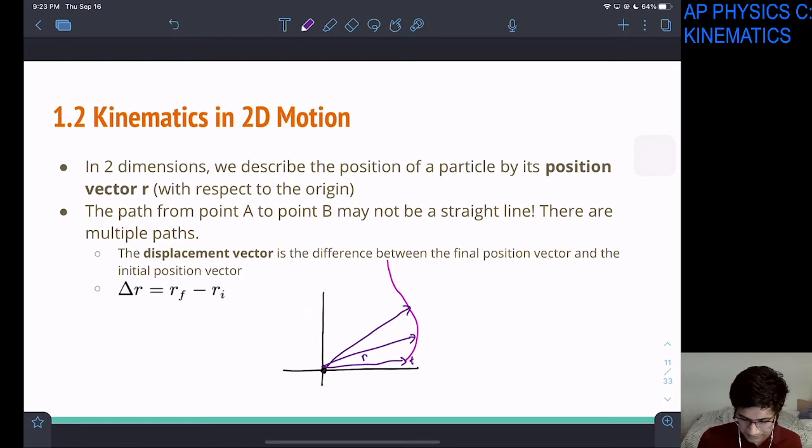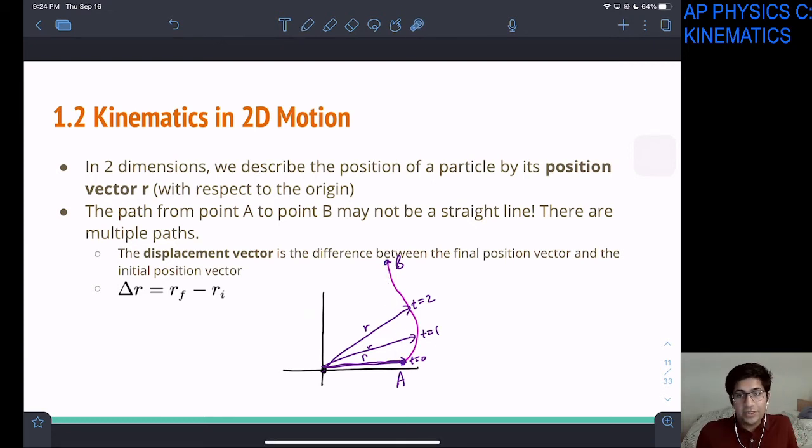Here this might be at t equal to 0, this might be at t equal to 1, this is at t equal to 2, and this is how we designate where we are. This is just the notation we're going to use. One thing in 2D kinematics: if we start here at A and go to B, our path doesn't have to be a straight line anymore.